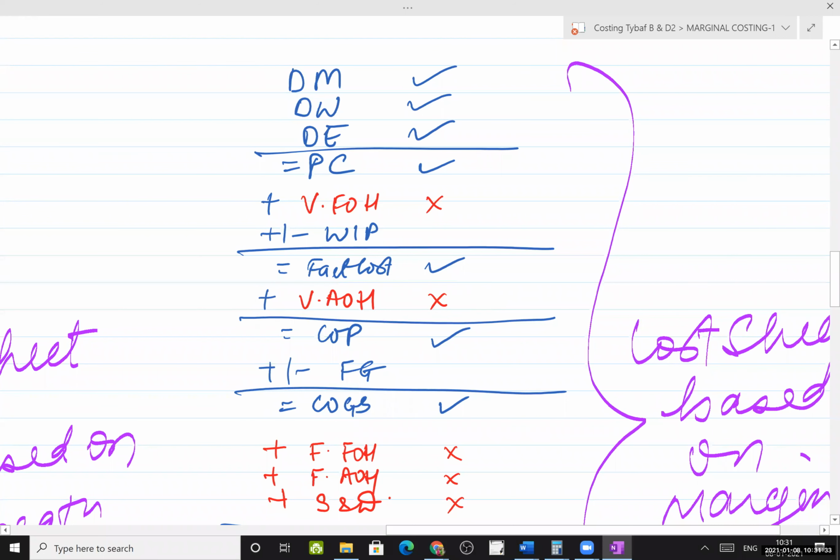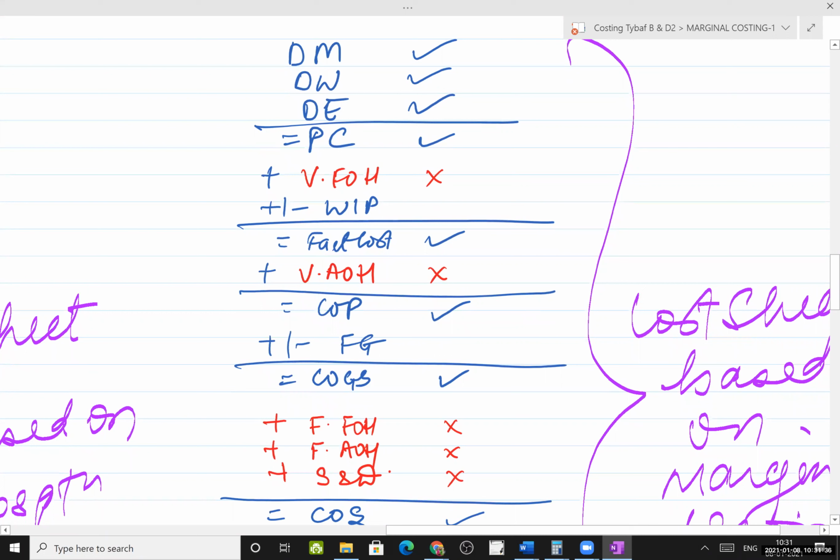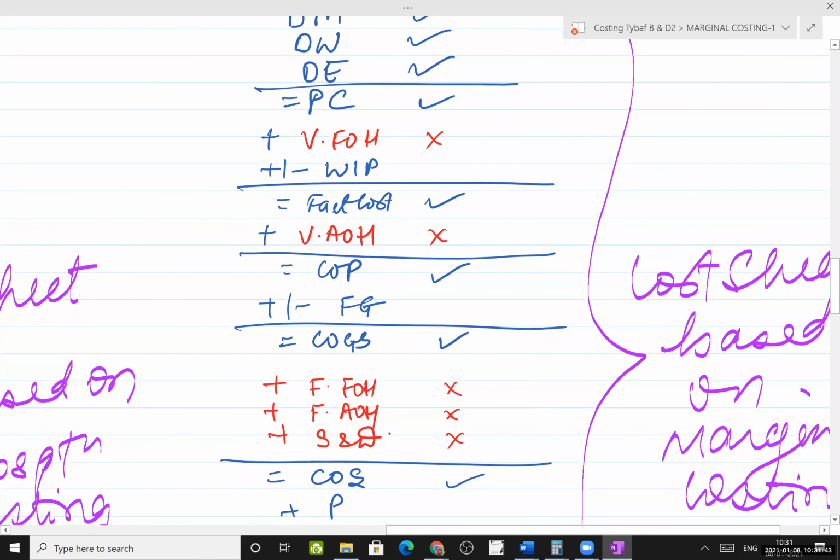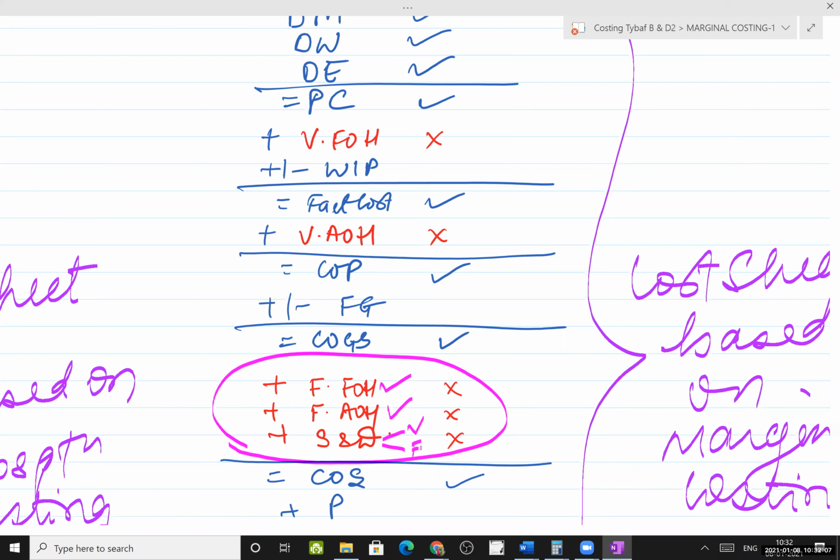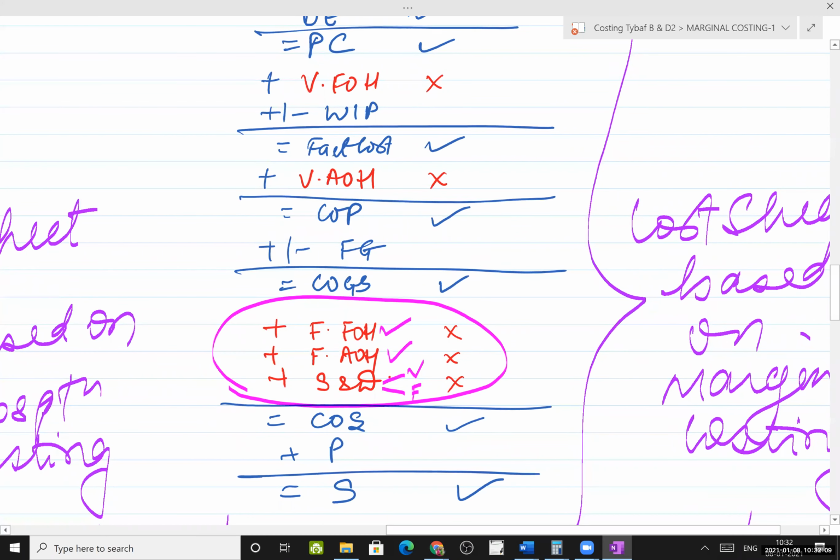Then you get COP, cost of production, add less finished goods, you get COGS, and then consider your fixed factory overheads, fixed admin overheads, and selling and distribution, both variable as well as fixed. Okay, you get cost of sales, add profit, you get sales.